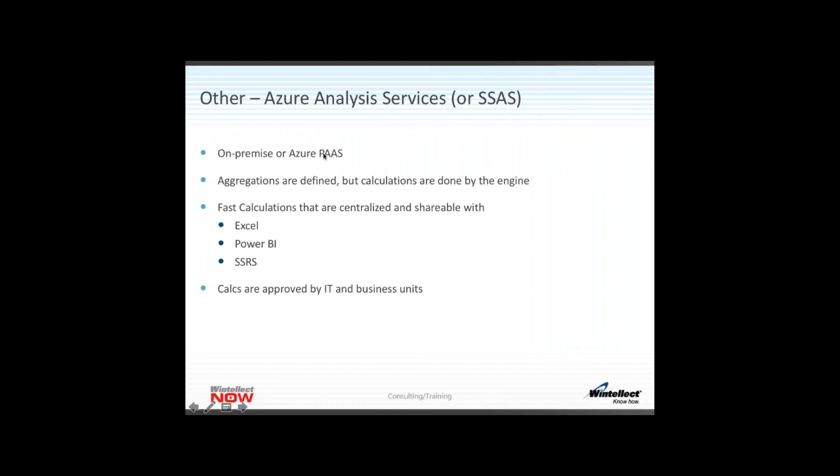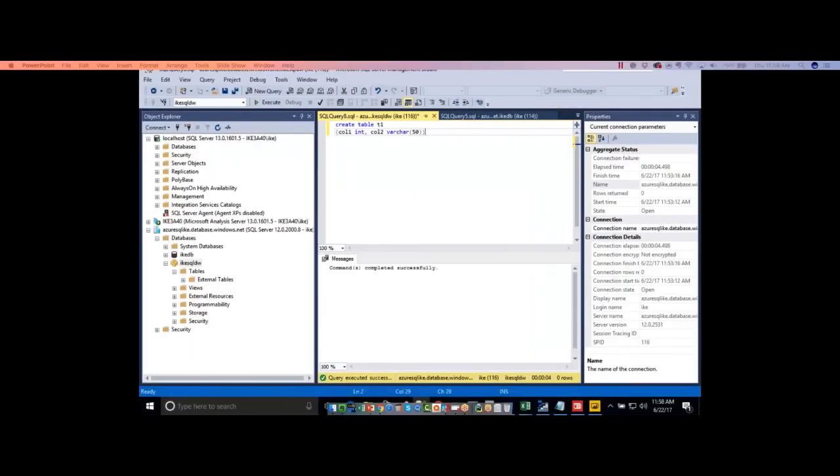Like you can have Excel or Power BI or SSRS pull data out of those cubes, and you know that data is good because IT has stamped it and said, we have centralized the KPI total sales here in this cube. It is absolutely approved by us. And now 1,000 different reports can pull that metric, but it'll always be consistent because they're all pulling it from the exact same place. So I'm going to create a cube for you.